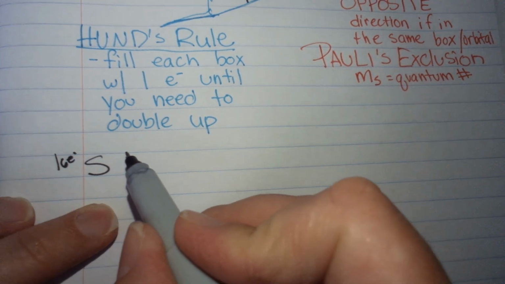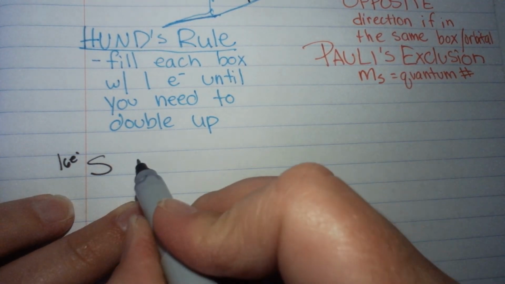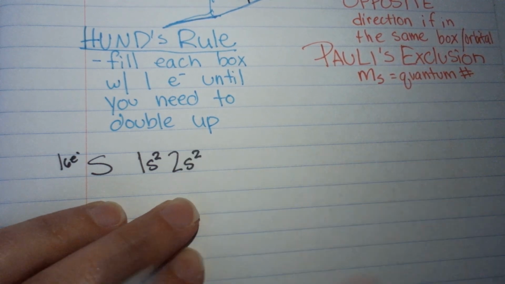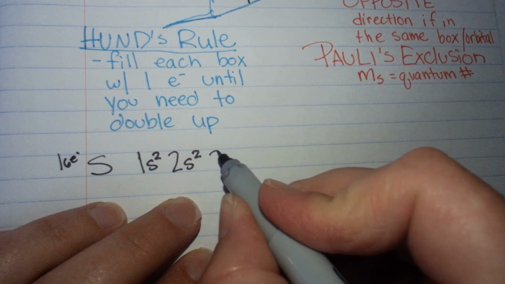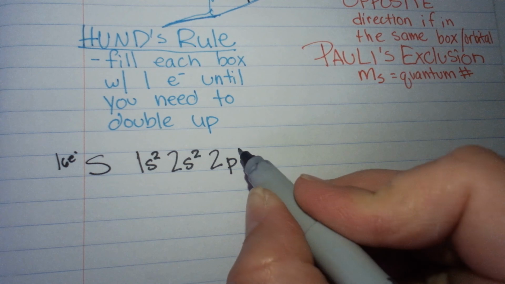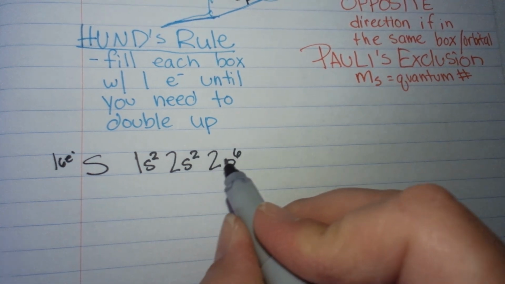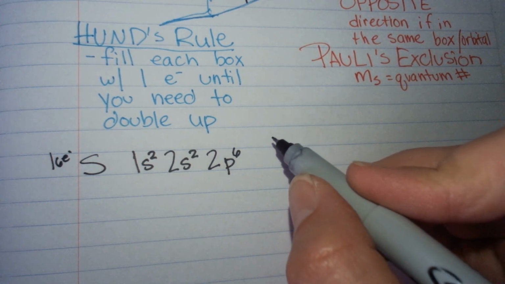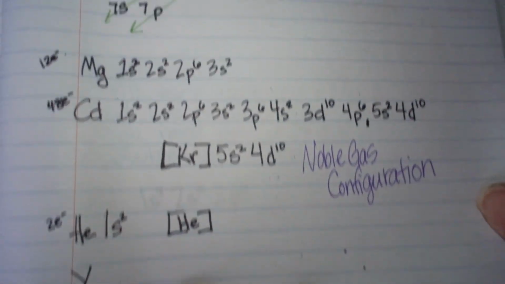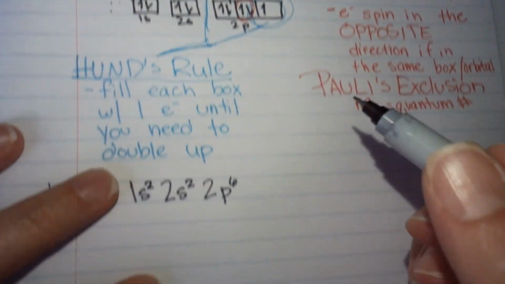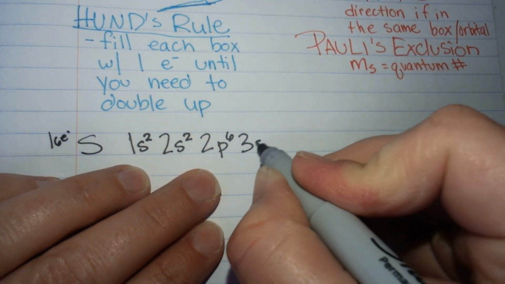So when we write its electron configuration, we're going to go 1s2, 2s2, 2p. Do we need all 6 of them? Yeah, because that gives us 10 electrons. And then do you remember what comes after 2p? Go back to your notes if you don't remember. Yeah, 2p, 3s, and then 3p. So 3s2.